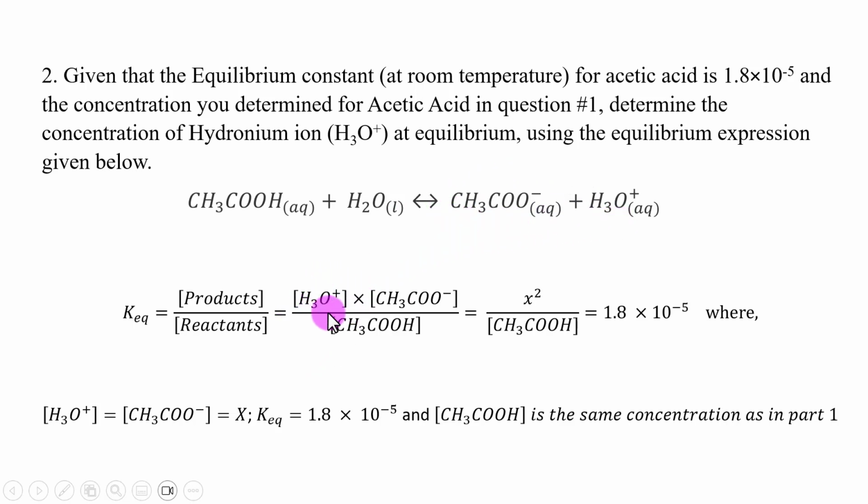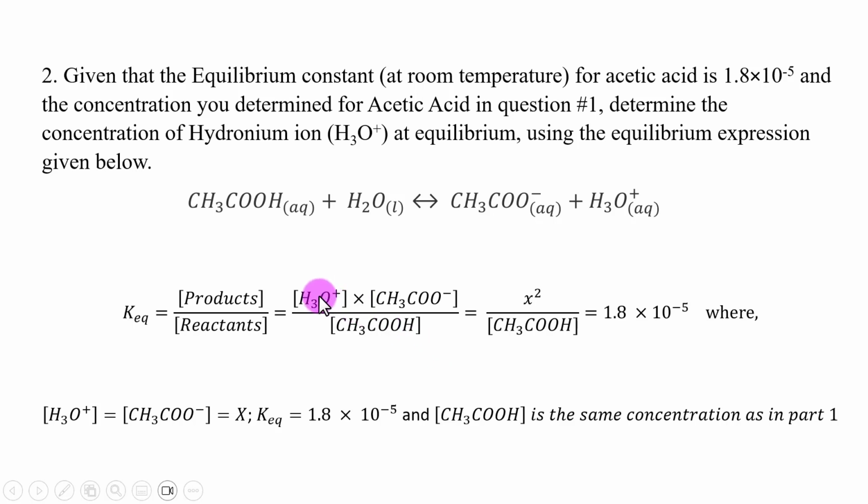The concentration of your H3O+ multiplied by the concentration of your acetate, CH3COO minus. They're both raised to the first power because all the coefficients are 1. They're all 1-to-1 ratio. So the power is 1 and we don't write it. You have no more reactants, so those are the only two that are going to be multiplied together. And then all of that is divided by the concentration of your acetic acid from part 1. Note that, as I said earlier, water does not appear because it's a pure liquid.